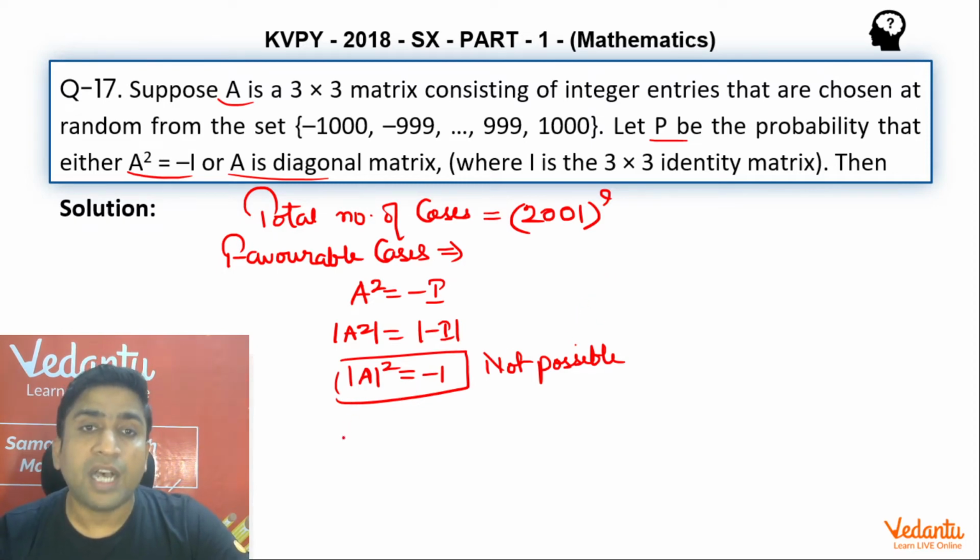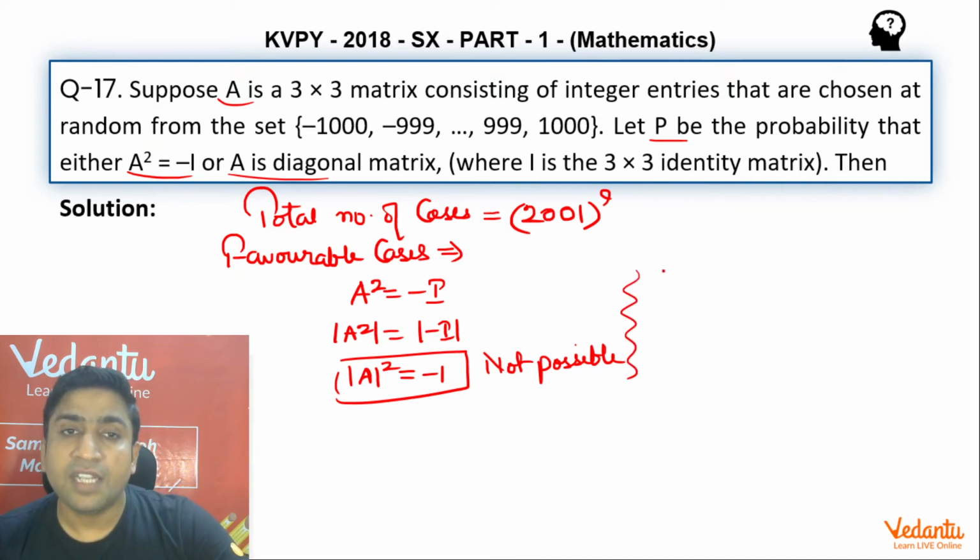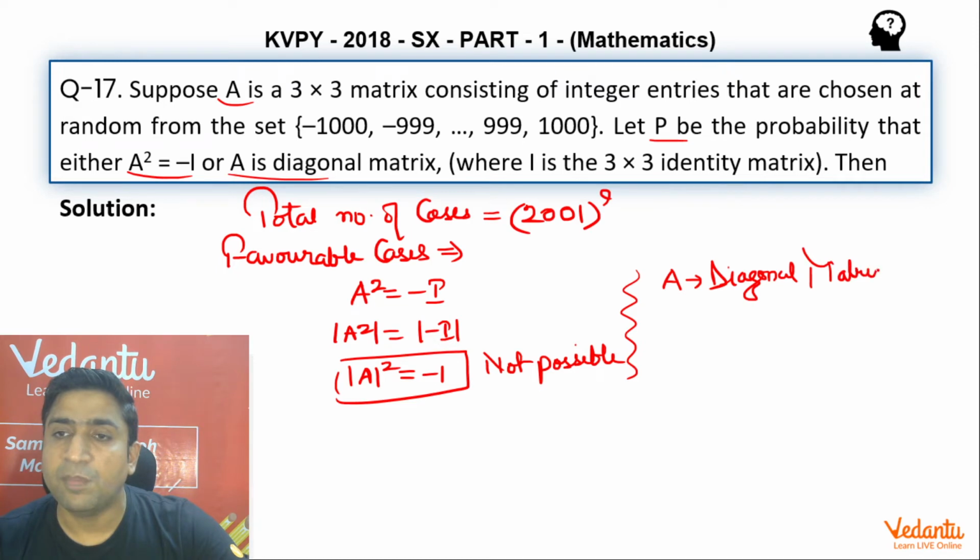So how about the other case? In the other case they are telling me that matrix A is a diagonal matrix. Again, this is one very beautiful condition.